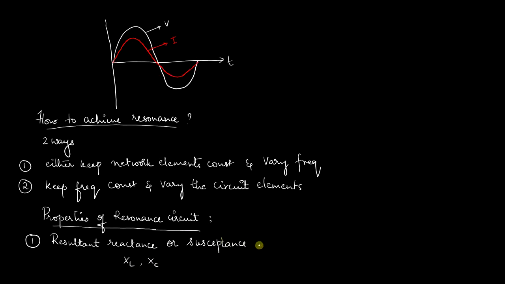The susceptance should be equal to 0. To compute susceptance, for an inductor, BL will be equal to 1 by XL, and for a capacitor it is BC equal to 1 by XC. So the resultant reactance or susceptance, including all the network elements present in the circuit, should be equal to 0.